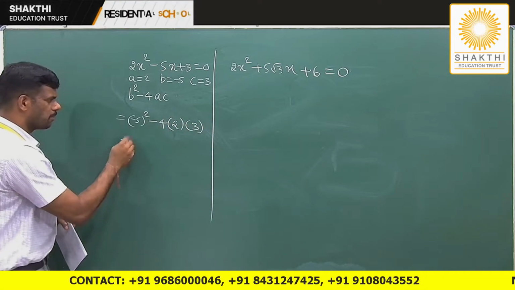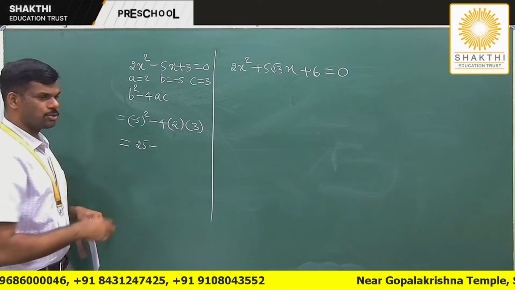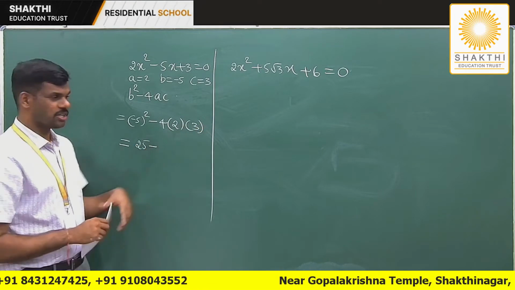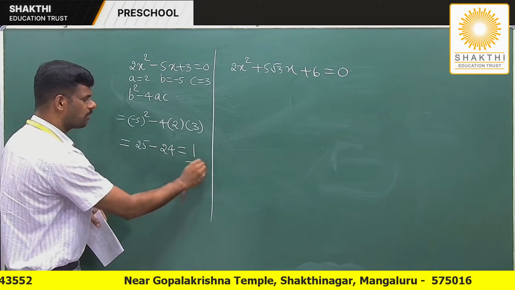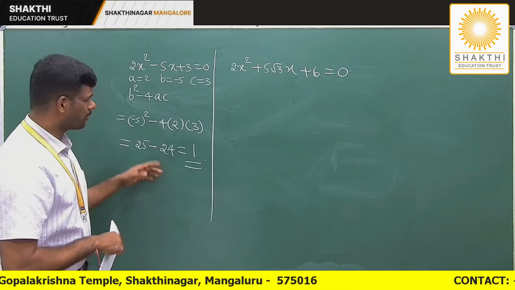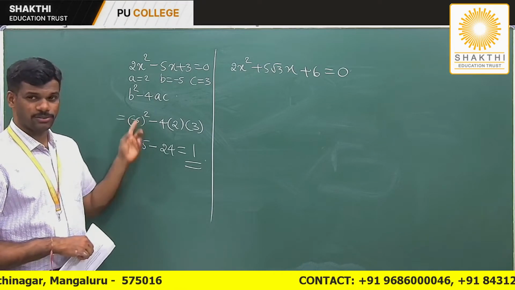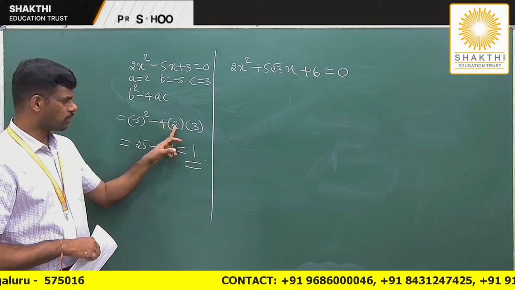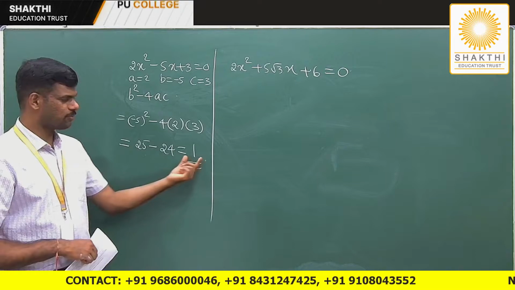So now b square is 25 minus 4 into 2 is 8, 8 into 3 is 24. I say 25 minus 24 is equal to 1. So, my dear students, what have we arrived at? -5 square is 25, 4 into 2 is 8, 8 into 3 is 24. So, 25 minus 24 is 1.